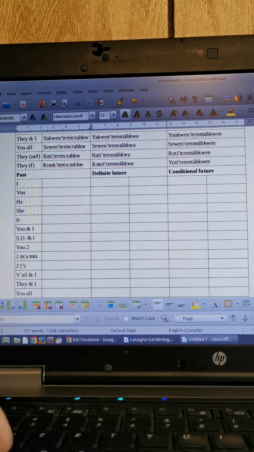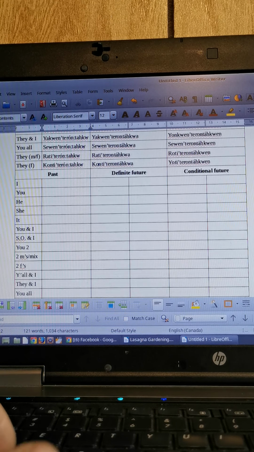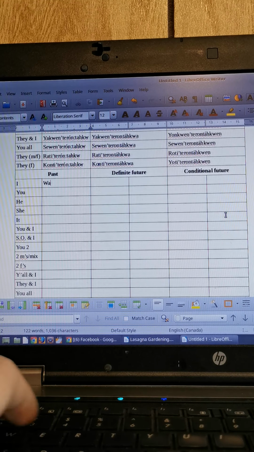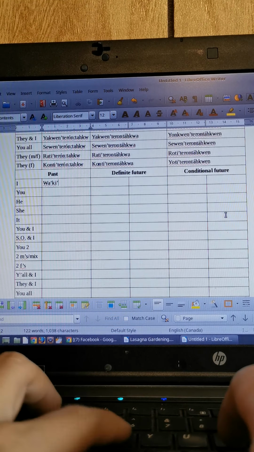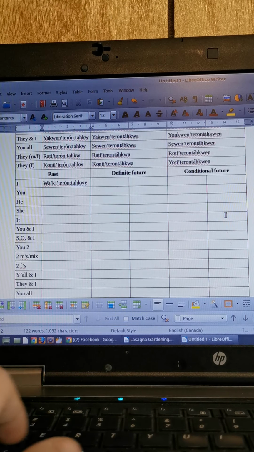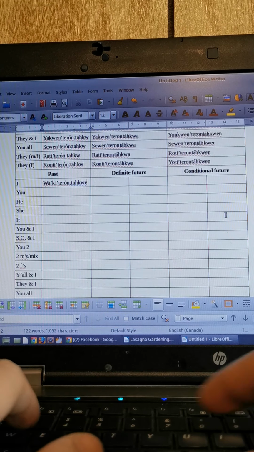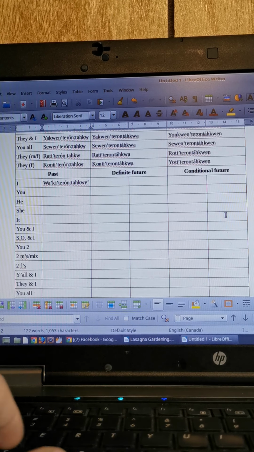Actually, let's put this in the middle just to make it look nicer. Okay. So I remained home. I stayed home. Wat git terontahkw. Wat git terontahkw.